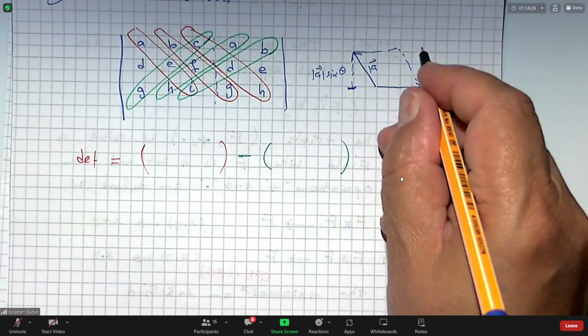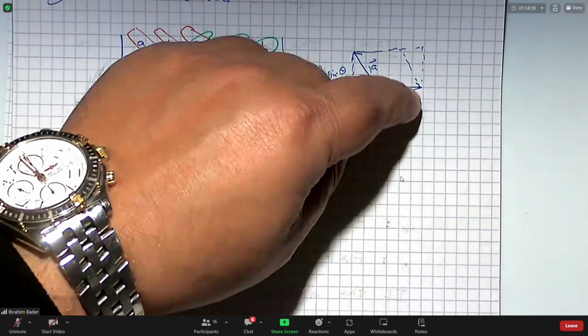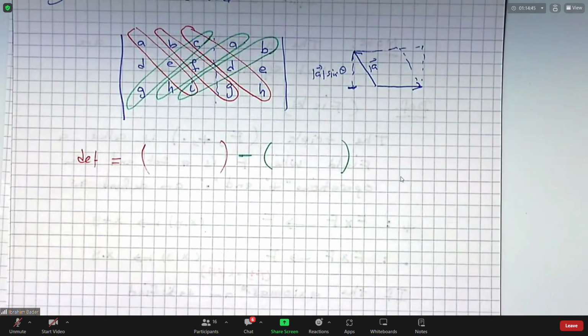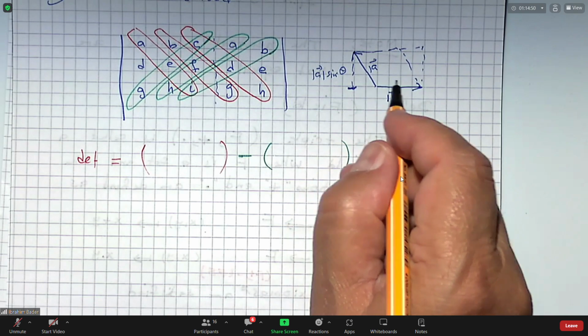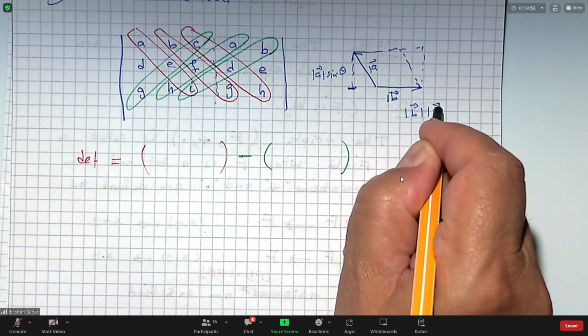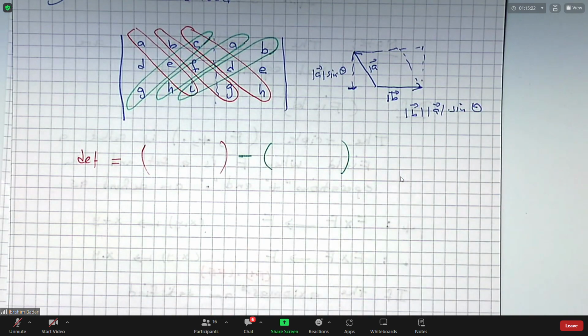I think at school you learned how to evaluate the area of the parallelogram by cutting this triangle here and then completing this to a rectangle. If this is B, then the area of this rectangle is just the magnitude of B times the magnitude of A times sine theta. So maybe this explains the formula for the cross product from a geometric perspective.